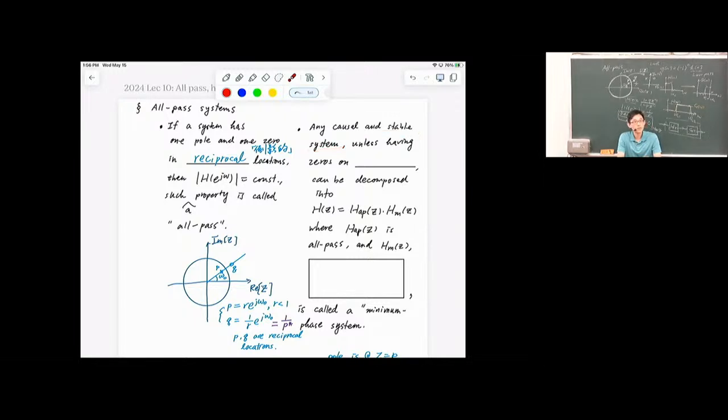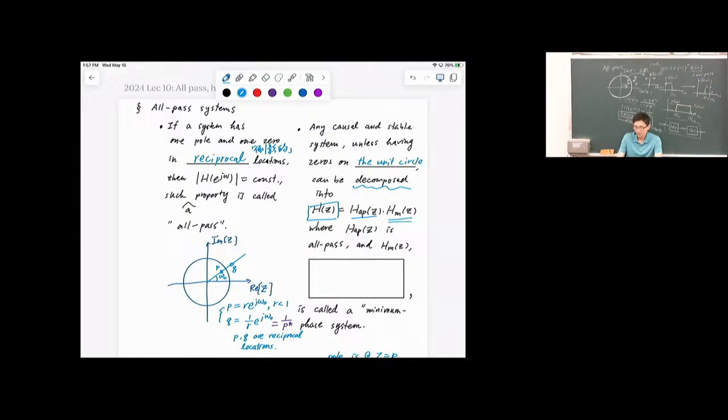Essentially for any causal and stable system, unless it has a zero right on the unit circle, we can always decompose that system H(z) into the product of an all-pass filter times something else.